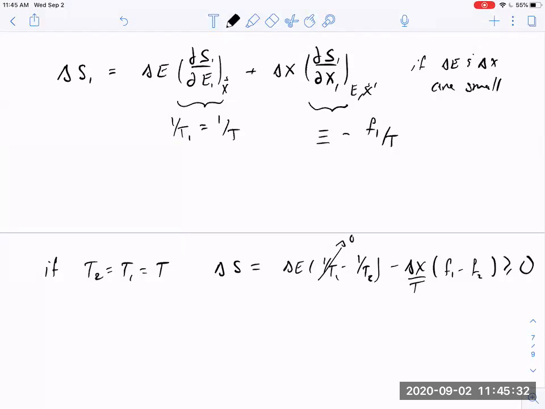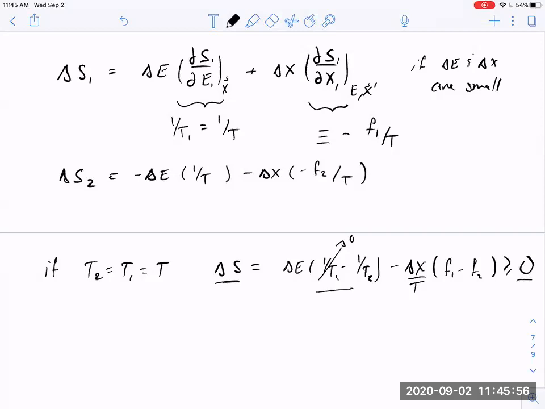Again, just noting that we can write the entropy change for both systems in the same way, reminding ourselves that there's a conservation of X's and E's. So for a spontaneous change, the change in entropy has to be positive.